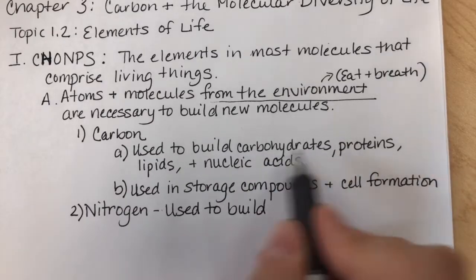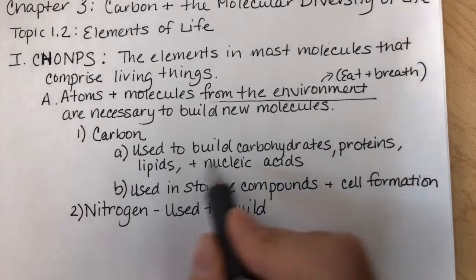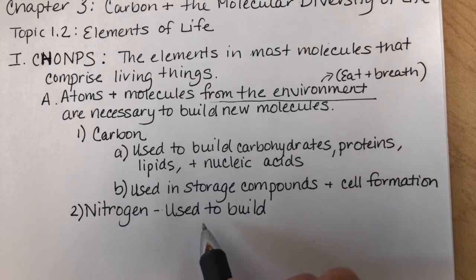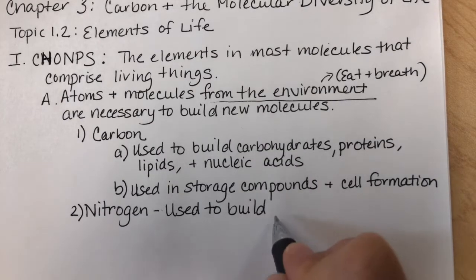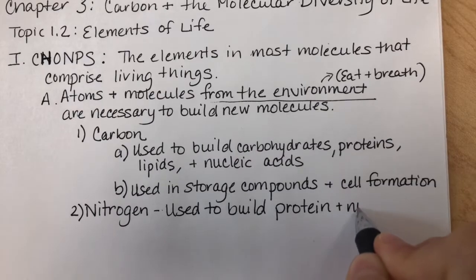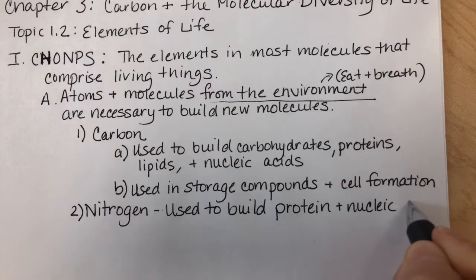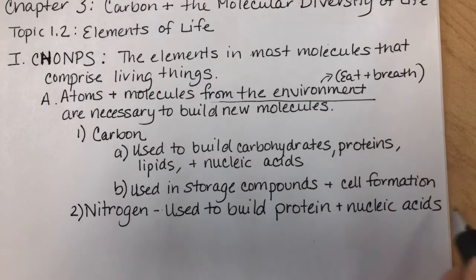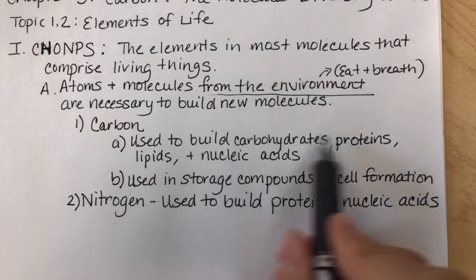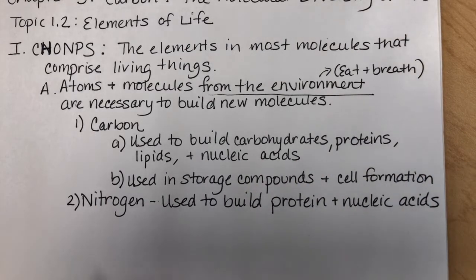It's not all of these. So the carbon had these four things, which are the four major types of molecules in the body. So nitrogen is used to build protein and nucleic acids. So when we look at the structure of these next week, you'll see that these are the only two out of these four that actually have nitrogen in their structure.